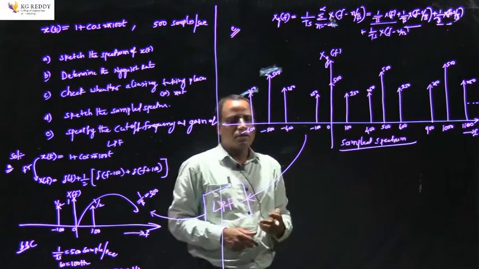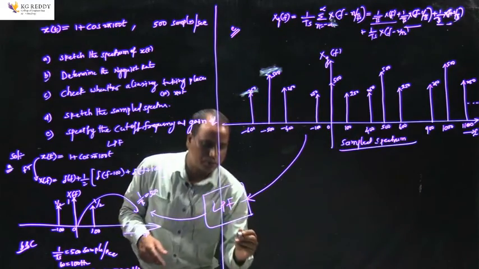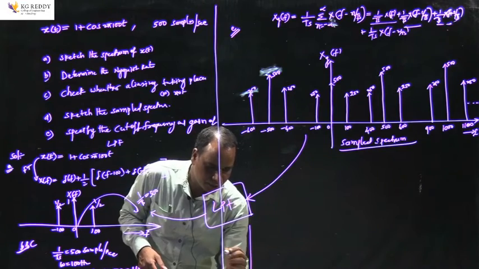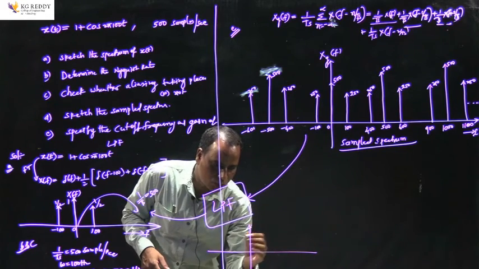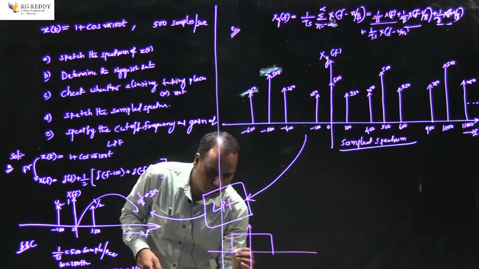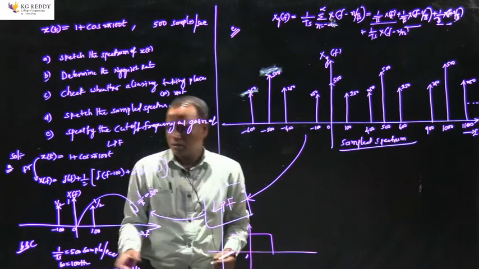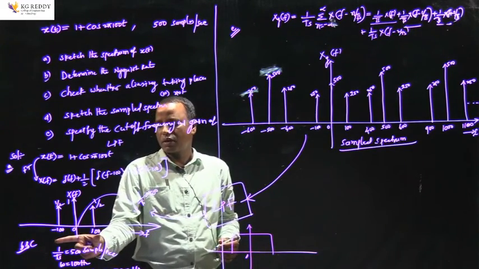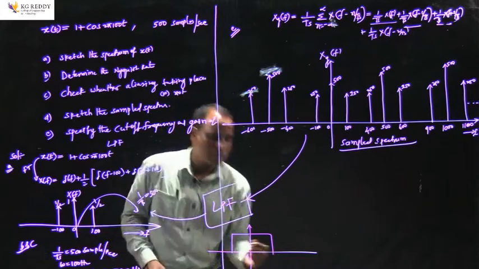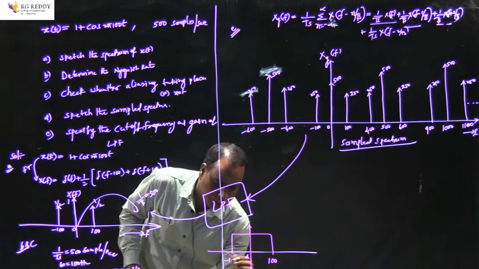So that's the reason we have to design a low pass filter with a cutoff frequency of 100, because the maximum frequency for this particular signal is 100, and this is 100 and this is minus 100.